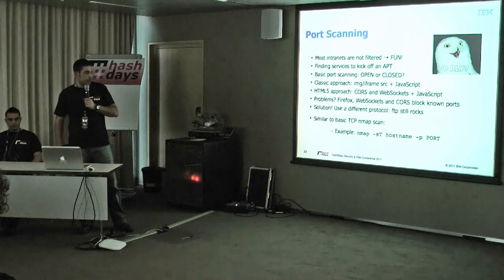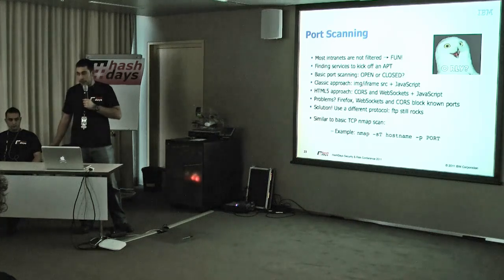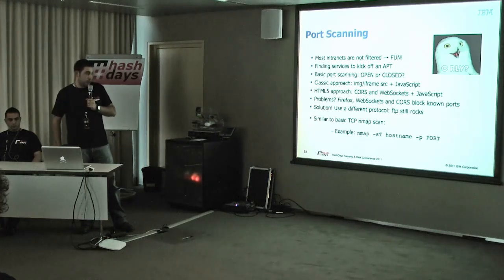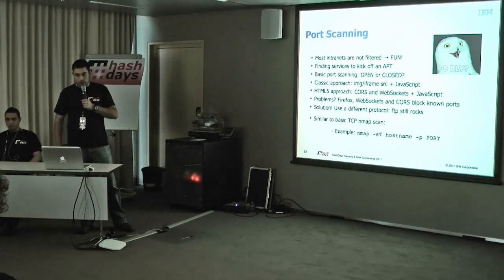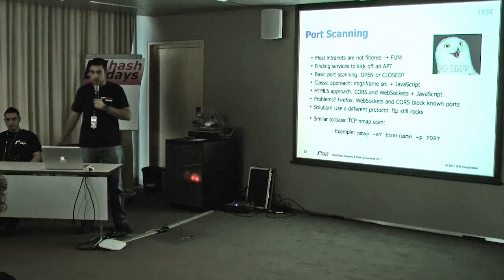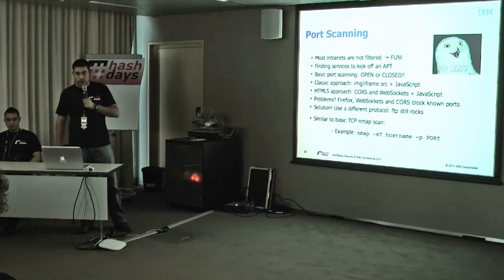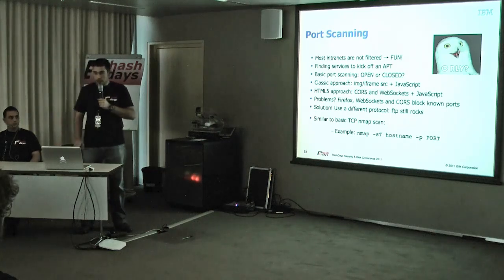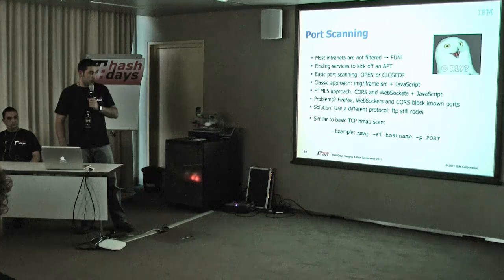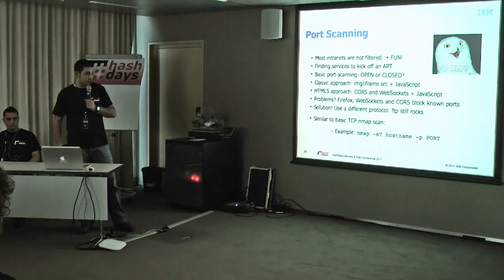So it's blocked, and Firefox natively can block you from doing that, but that's not a problem because it was discovered, or explained, by Jeremiah Grossman back in 2005. Using a different protocol than HTTP, you can work around this protection. And using Wireshark to see what the port scanning we are running looks like, it's exactly like the Nmap TCP scan, which is the simplest scan you can run in Nmap.